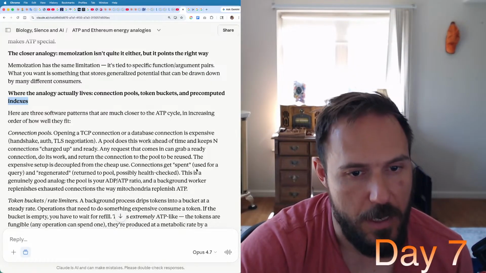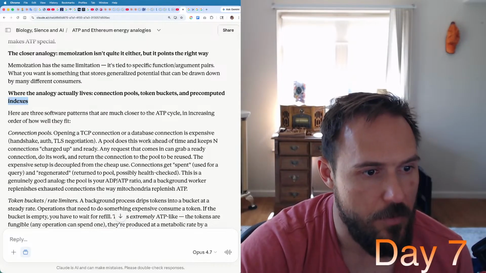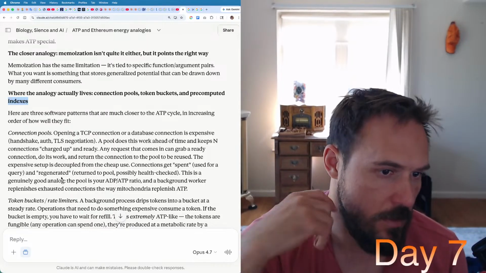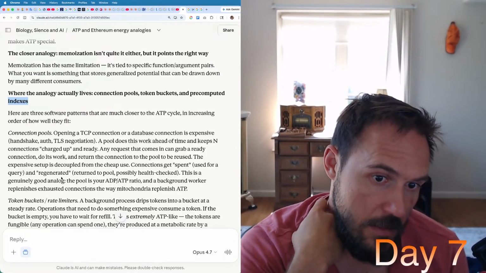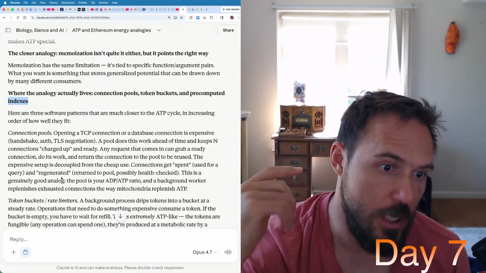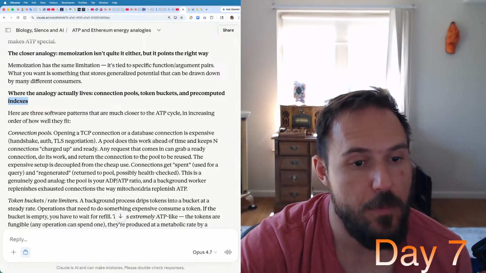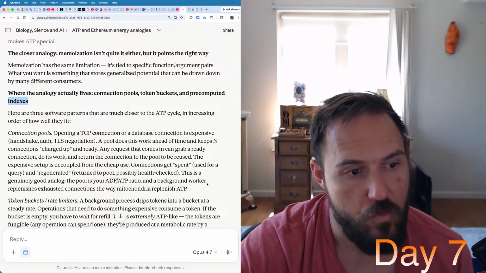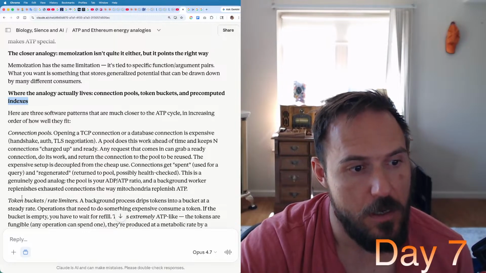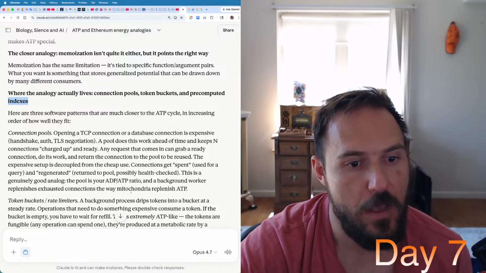A connection gets spent, used for a query, and regenerated. Return to a pool, possibly health checked. This is a generally good analogy. The pool is your ADP/ATP ratio, and a background worker replenishes exhausted connections the way mitochondria replenish ATP.